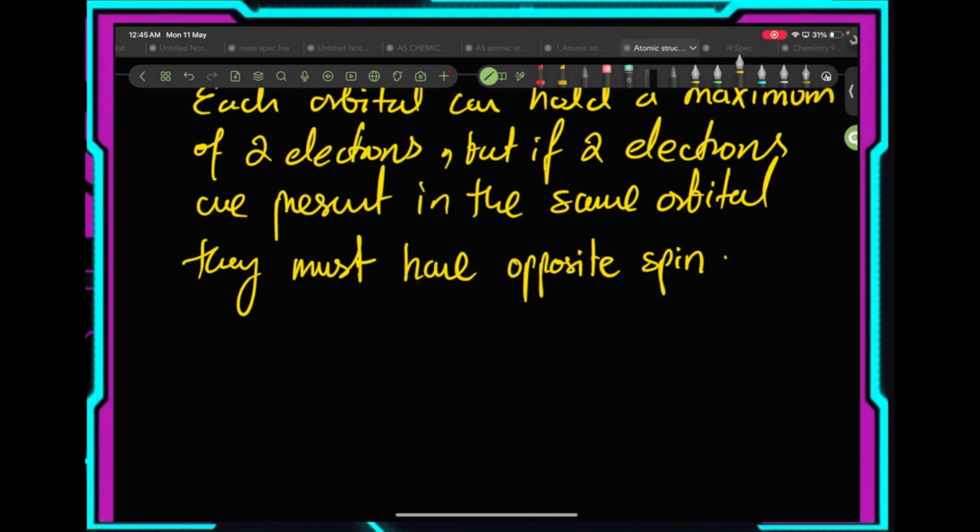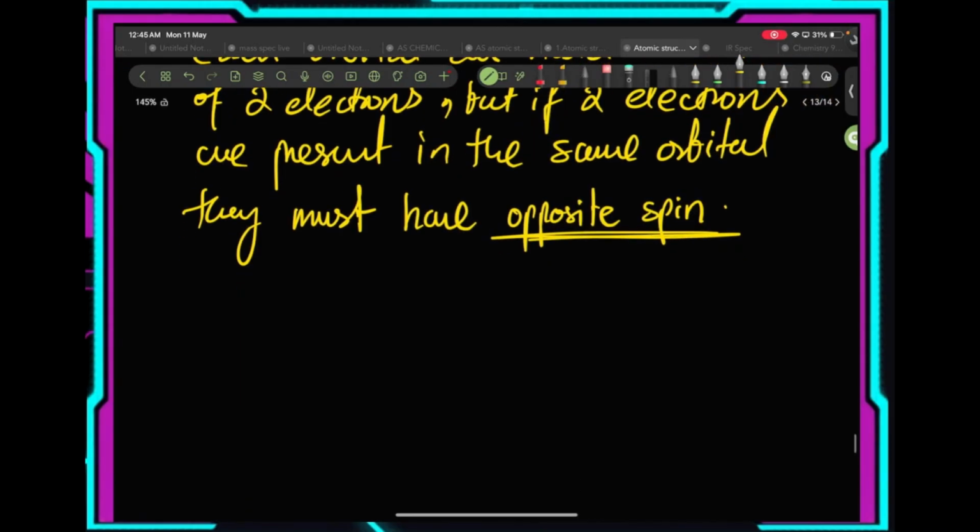Now why should they have opposite spin? Because both of the electrons are charged, and charged species have a magnetic field around them, right? And 2 electrons are both negatively charged, and what do negatively charged species do? Do they repel each other or do they attract each other? Yeah, they repel each other, right? So they need to have opposite spin in order to cancel out each other's magnetic fields, so they have minimum repulsion between them when they're arranged in a single orbital.